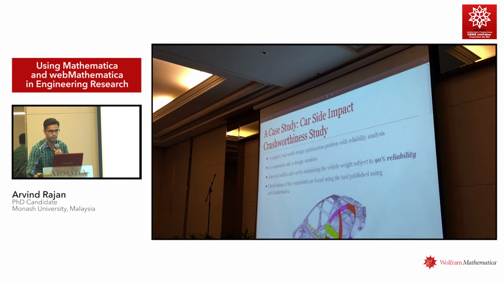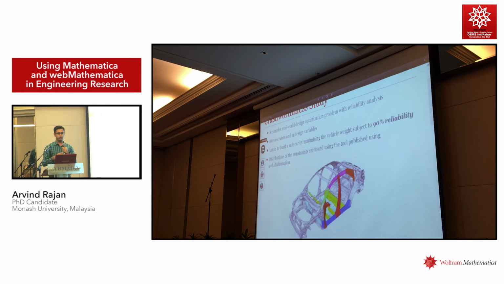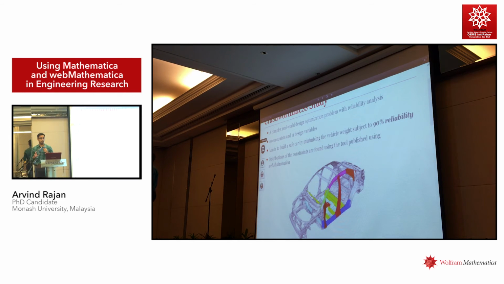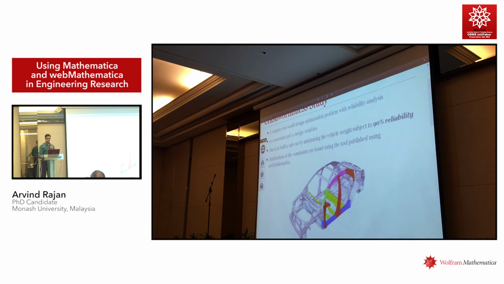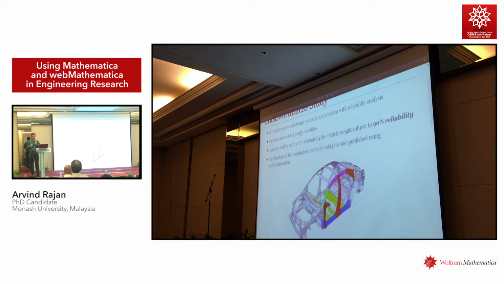This car. The objective here is to minimize the weight of the car, subject to some reliability. They have 11 constraints, such as the colored segments that you see in the car, due to some safety regulations.